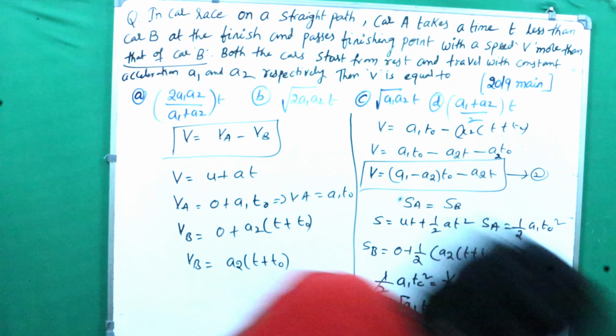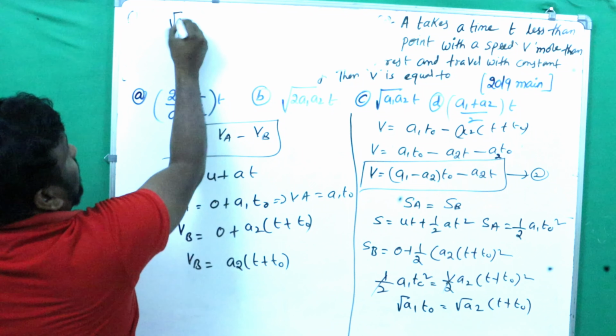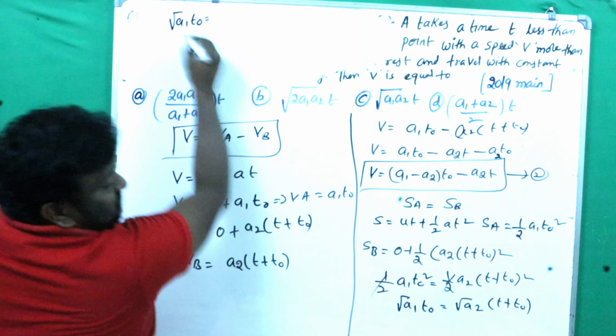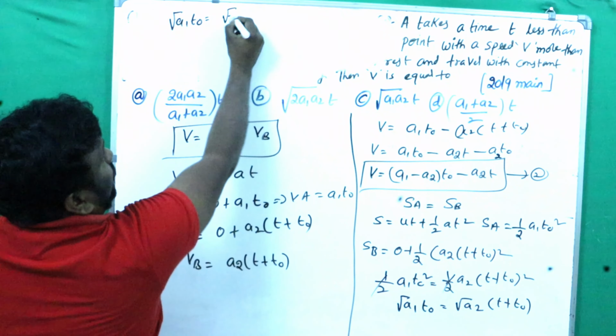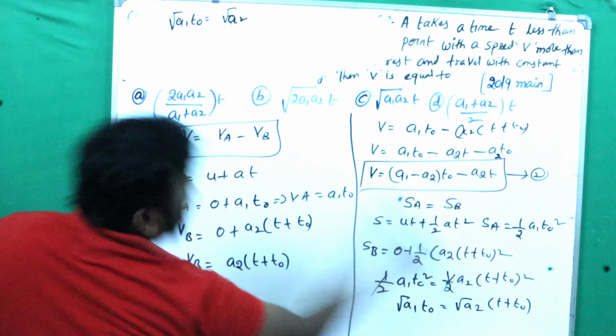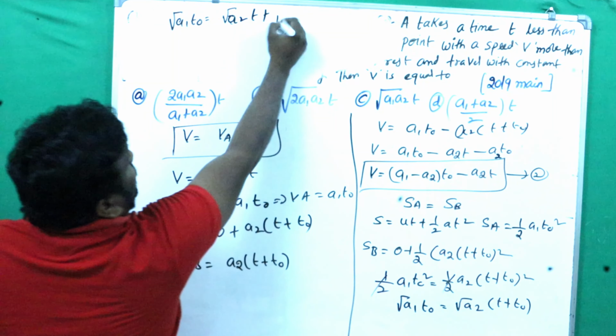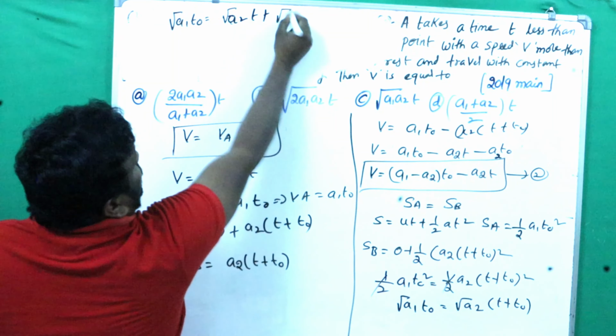So we need some space, that's why I am erasing this one. So what is it? Root a1 t0 is equal to root a2 into t plus root a2 into t0.